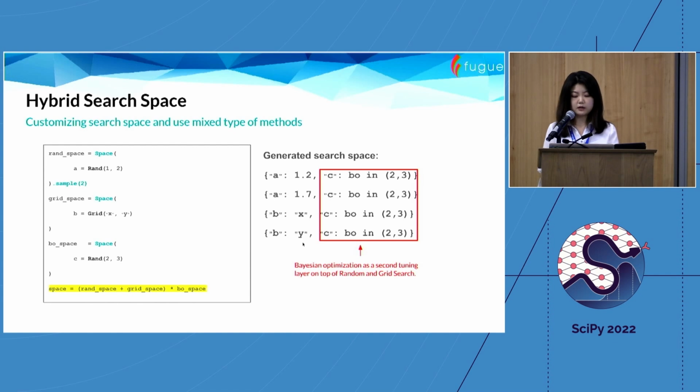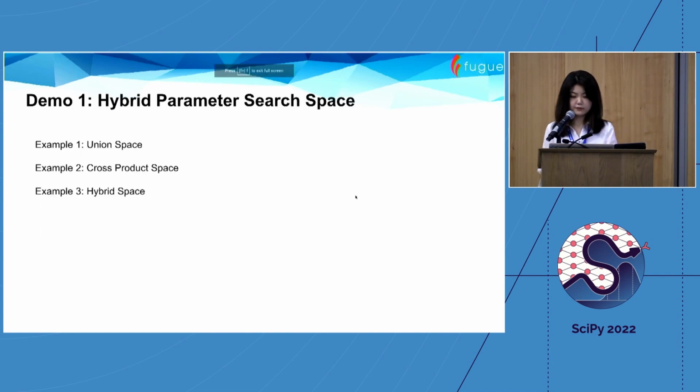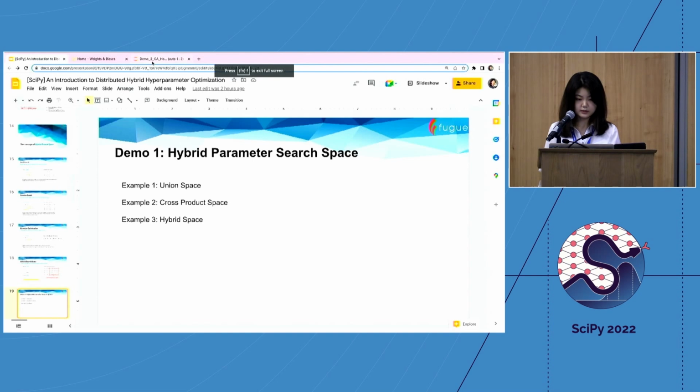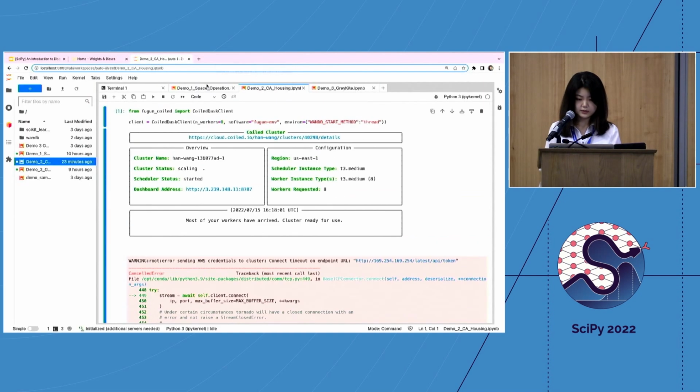And 2 of them are grid search on B on the 2 options, X and Y. And each of them is followed by a Bayesian optimization on parameter C as a second layer of optimization. And it's okay if you haven't fully got the idea. Let's do a demo.